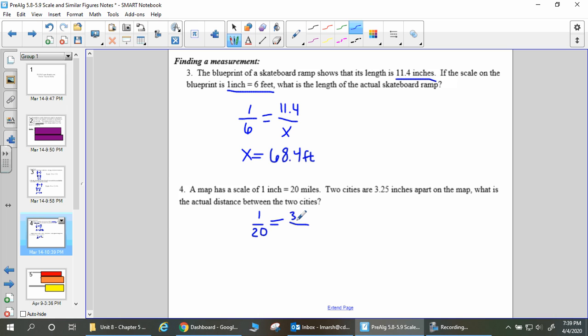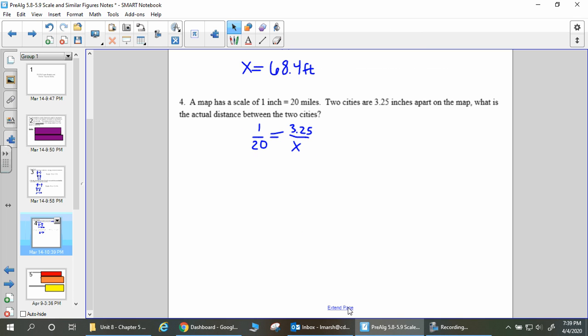So this is the map measurement, 3.25 inches. And we want to know, what is that in real life? What is that in miles? So I'm just going to slide this up. If I cross multiply 1 times x, again, okay, that's nice and easy. There's my x. And then 20 times 3.25 is going to be 65 miles.